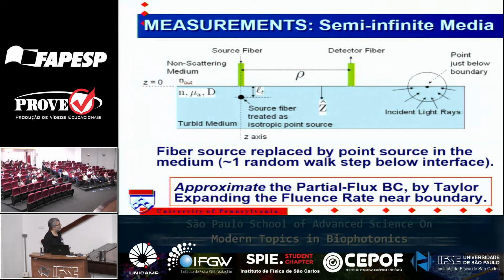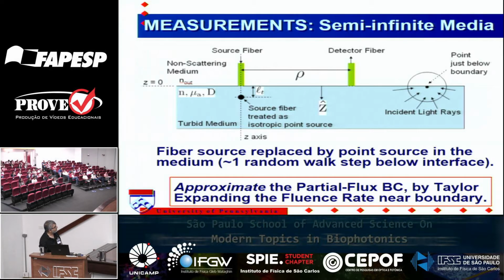So again, just to go back to the original problem, typically we would have a source fiber on the surface and a detector fiber, maybe many detector fibers. And for the source, it's shooting photons in, but after they travel one random walk step, they're kind of randomized. So typically what people do is they replace the source by an isotropic point source, one random walk step in.